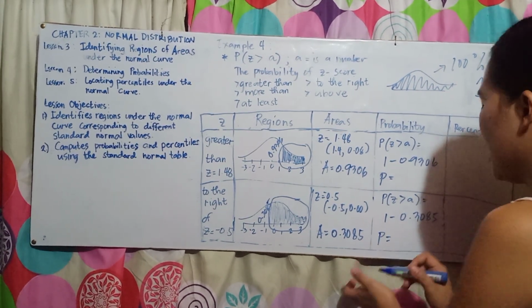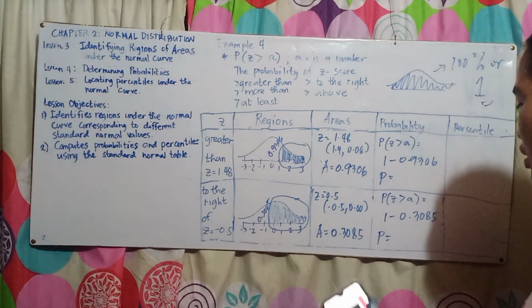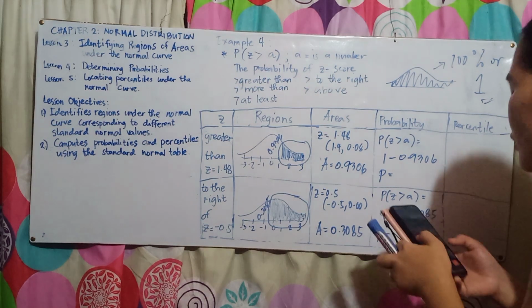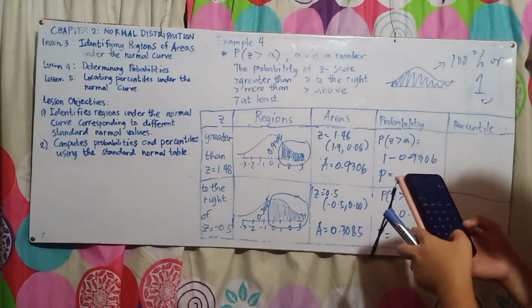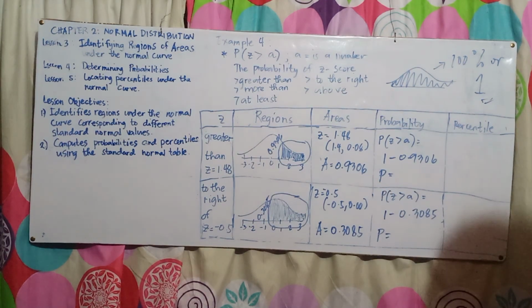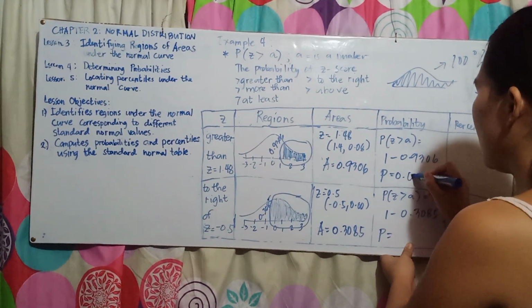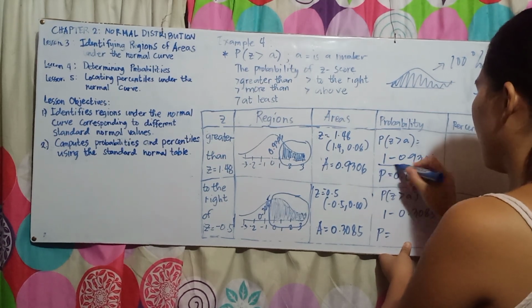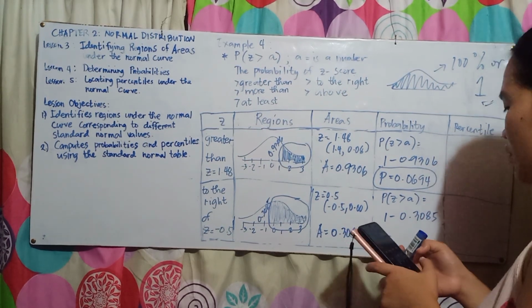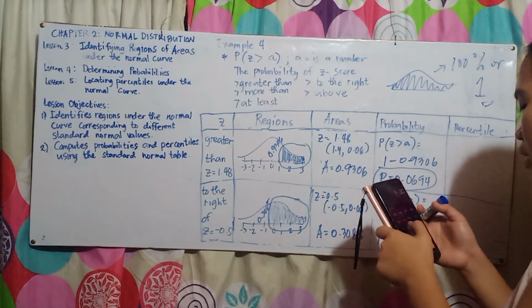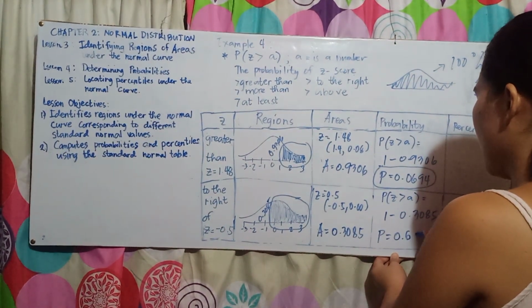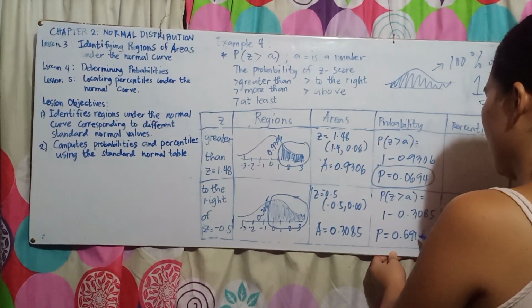So, ang probability is, i-compute lang natin. 1 minus 0.9306 is 0.0694. Ang isa, 1 minus 0.3085 is 0.6915.